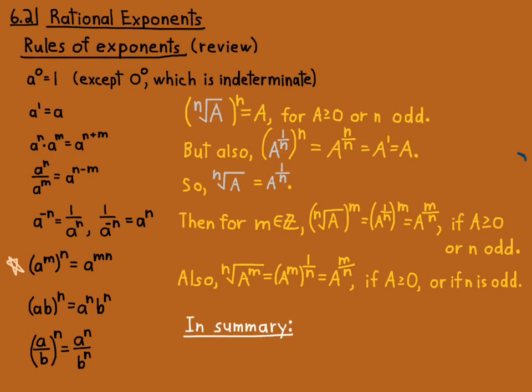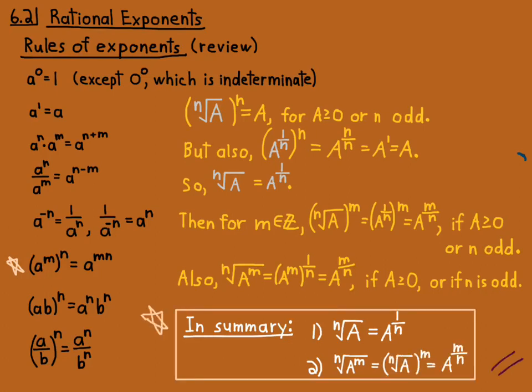So in summary, first of all, know all those rules of exponents. Have them down cold. Don't get them mixed up. The nth root of a is the same thing as a to the 1 over n for real numbers, as long as our conditions are met, as long as we're not doing the square root of a negative or something. And the nth root of a to the m is the same thing as the nth root of a, in parentheses, to the m, which is the same thing as a to the m over n.